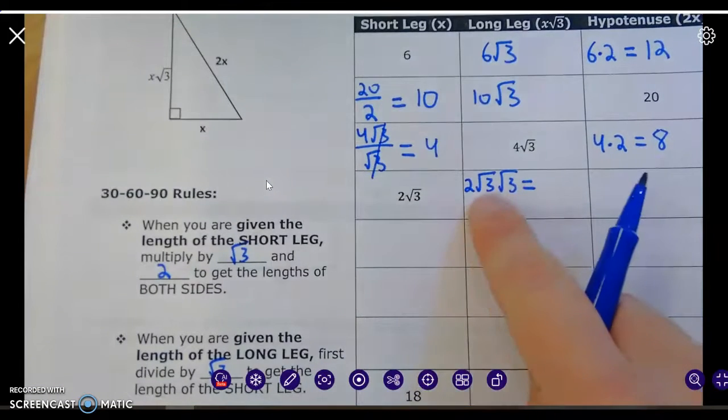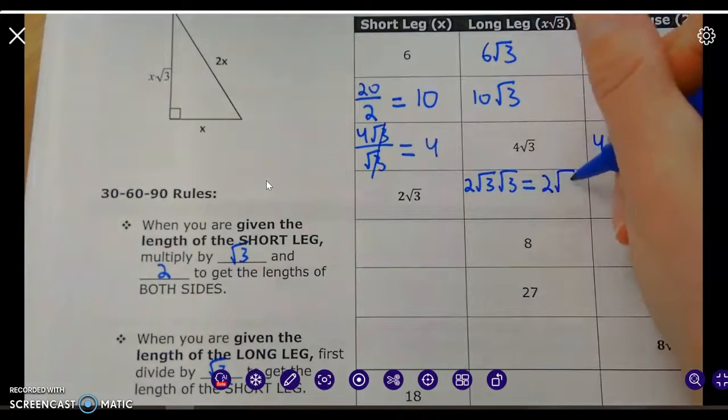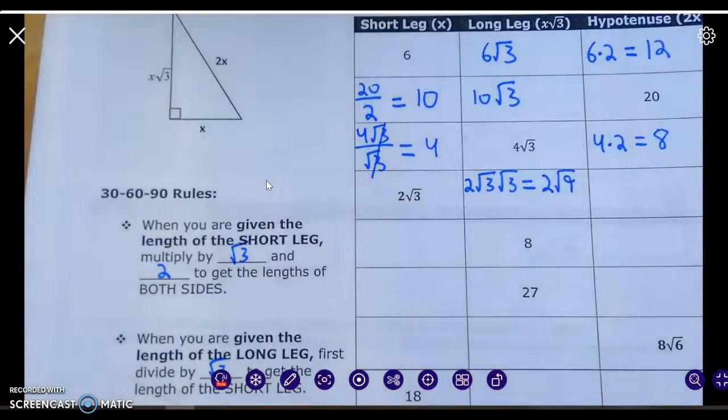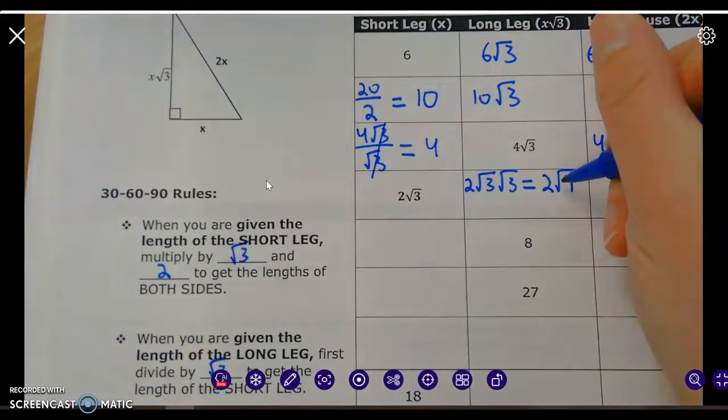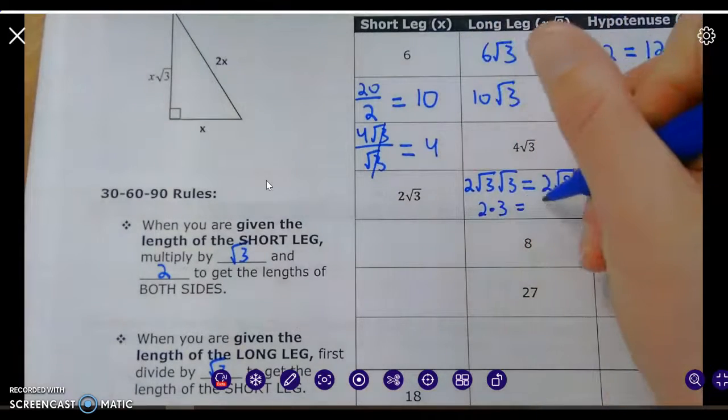Okay, we do want to simplify this. √3 times √3, we get √9. What's the square root of 9 equal? So we get 2 times 3 equals 6.